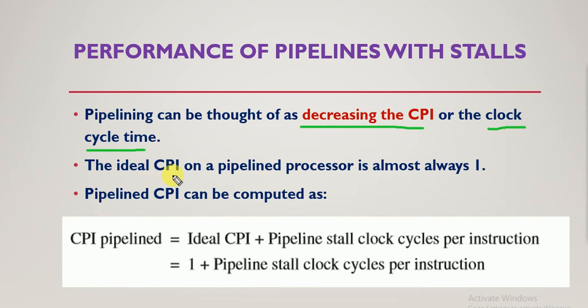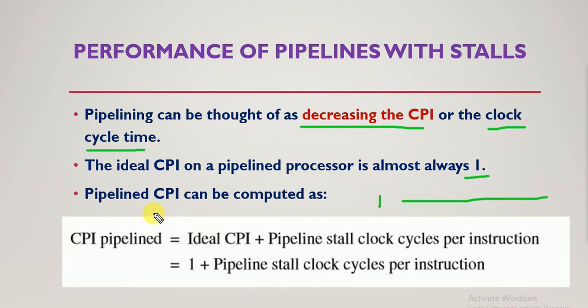Now the ideal CPI, cycles per insertion, on a pipelined processor is almost always 1, as we have already mentioned. One entire insertion requires only 1 clock cycle, so we consider 1 as the ideal cycles per insertion.